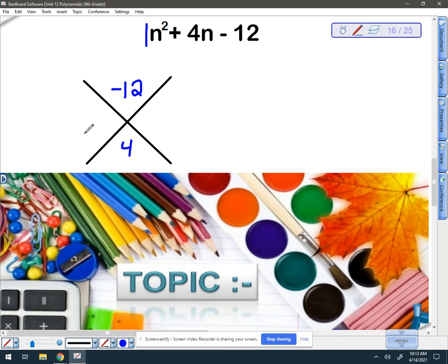We have to figure out what times what will give me negative 12, but when I combine them, gives me positive 4. So once again, you could say, okay, well, 1 times 12 is 12, but can I add or subtract a 1 and a 12 to get 4? No. All right. 4 times 3 is 12. 4 plus 3 is 7.